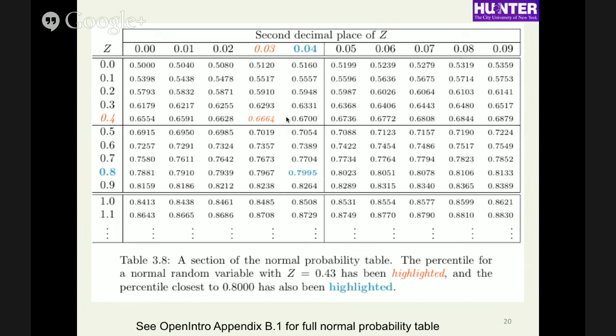And just to note, you can also look things up in the other direction. If you had been asked, what score corresponds to the 66.6 percentile, you would find 0.666 on here.